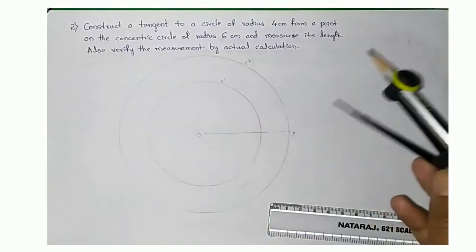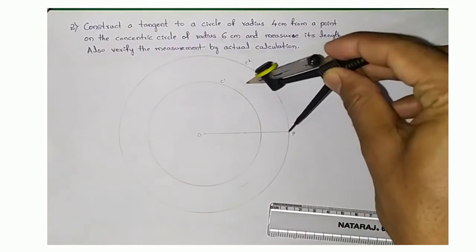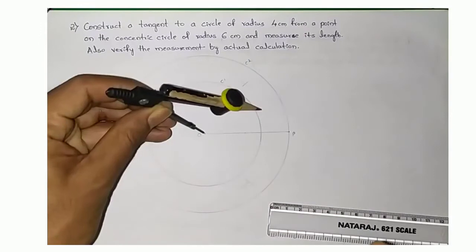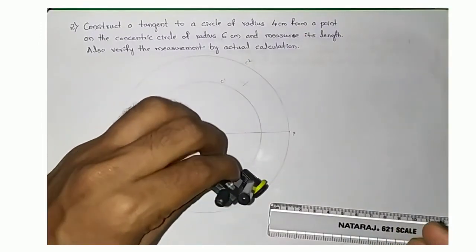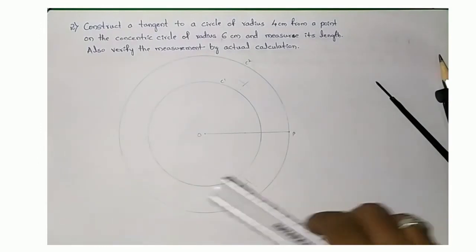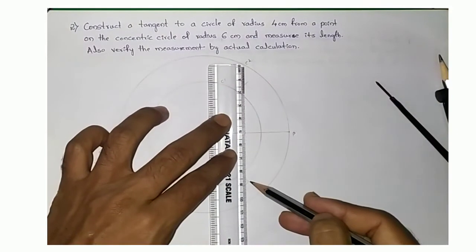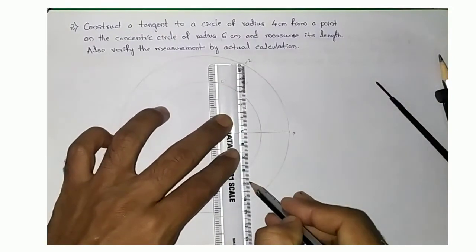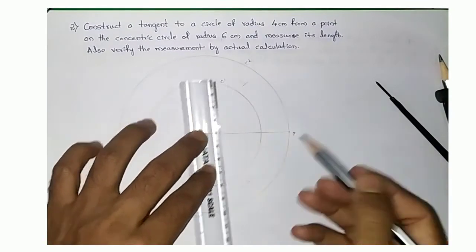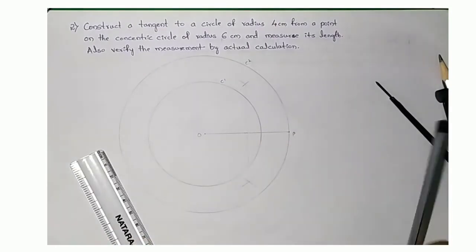Now from P, cut the earlier arcs, which will give us intersecting points. By joining these two intersecting points, we will get the center point of OP. Now this is our center point of OP.